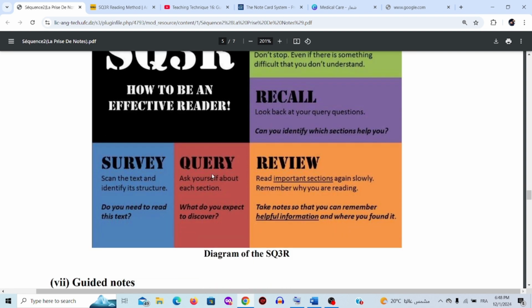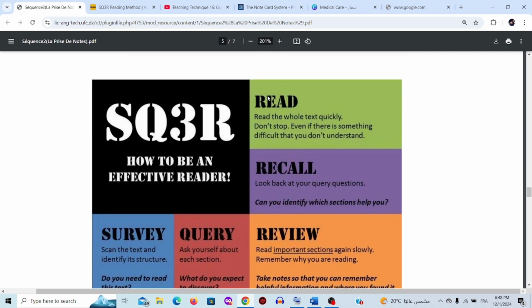After you identify the structure, you are going to ask yourself about each section. You are going to see the sections and ask yourself, what do I expect to discover from this section? And then you are going to read.